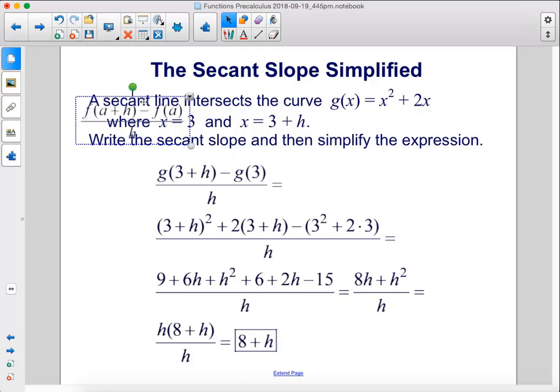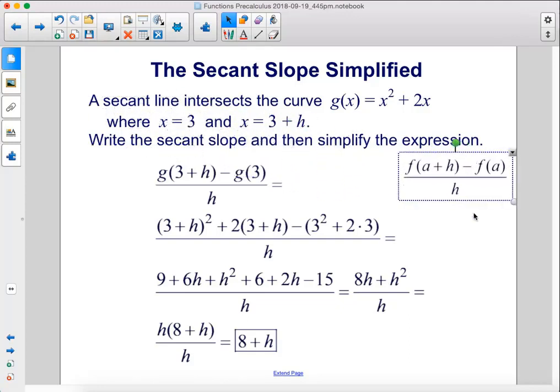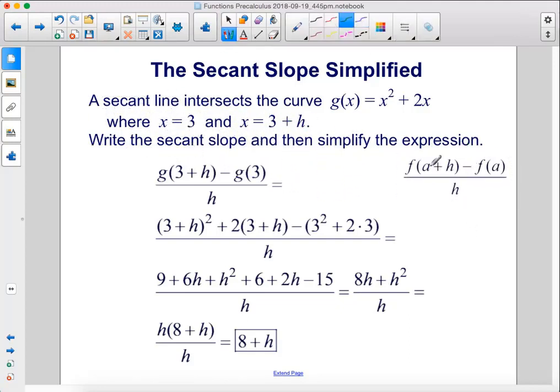So from the previous slide, we have our equation. All right, so f of a plus h. So we're going to have a plus h is 3 plus h, and a is 3. So we have g of 3 plus h minus g of 3 over h.